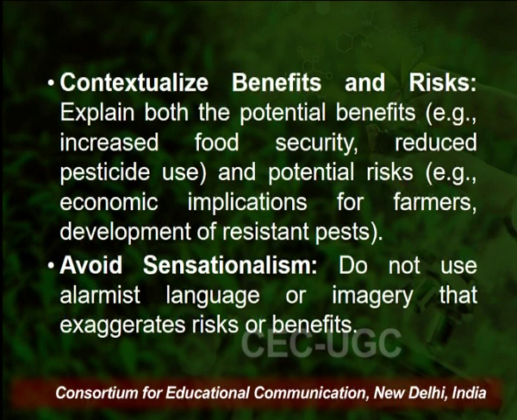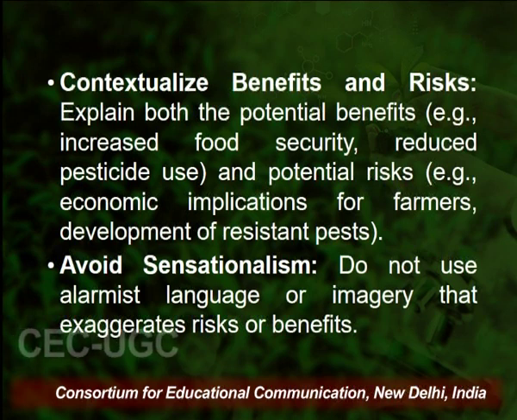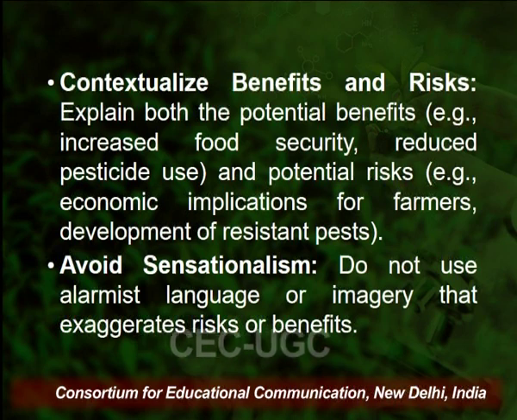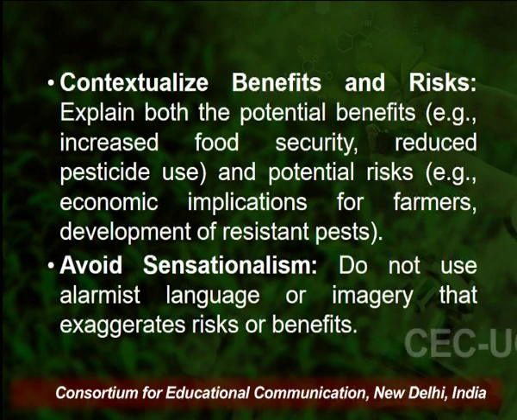Contextualize benefit and risk. Explain both the potential benefits, like increased food security and reduced pesticide use, and the potential risks, like economic implications for farmers and development of resistant pests. Avoid sensationalism. Do not use alarmist language or imagery that exaggerates risk or benefit.